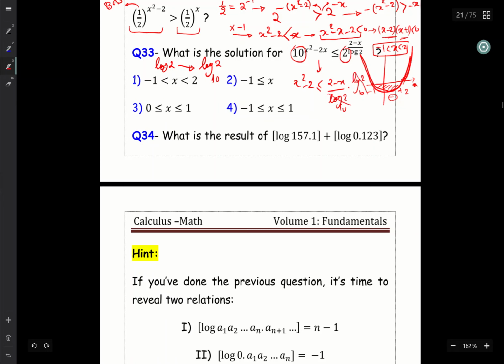And the logs cancel out, so x squared minus 2x is less than or equal to 2 minus x.